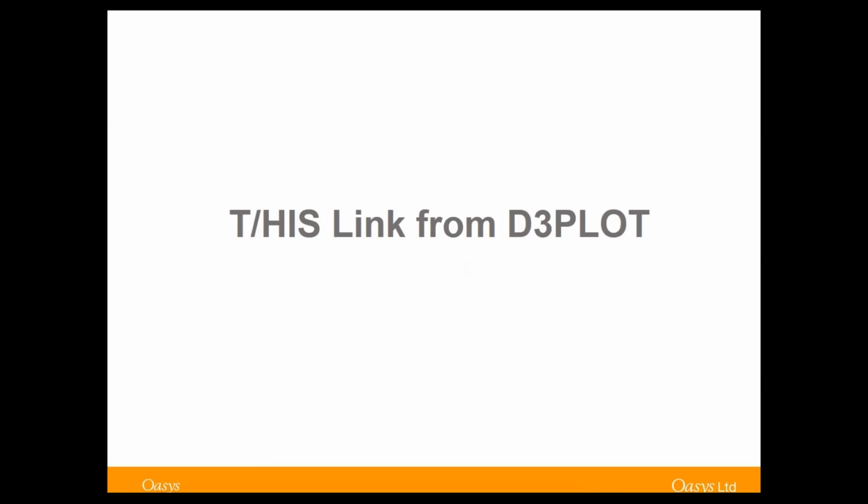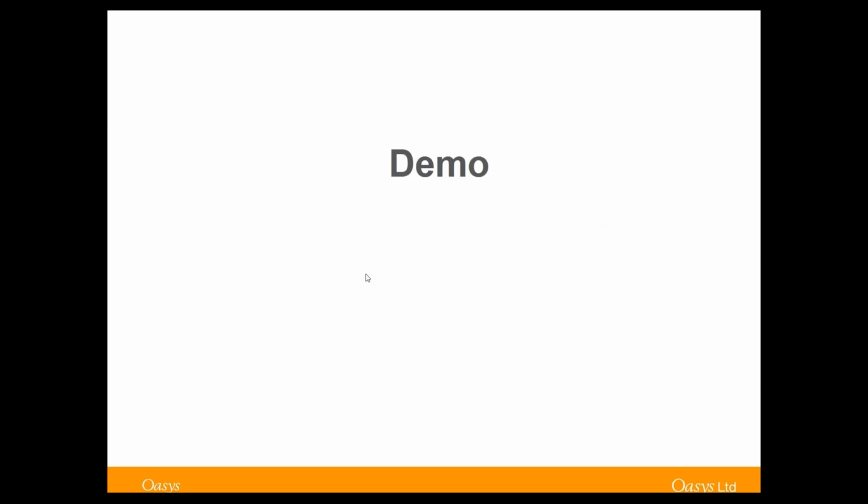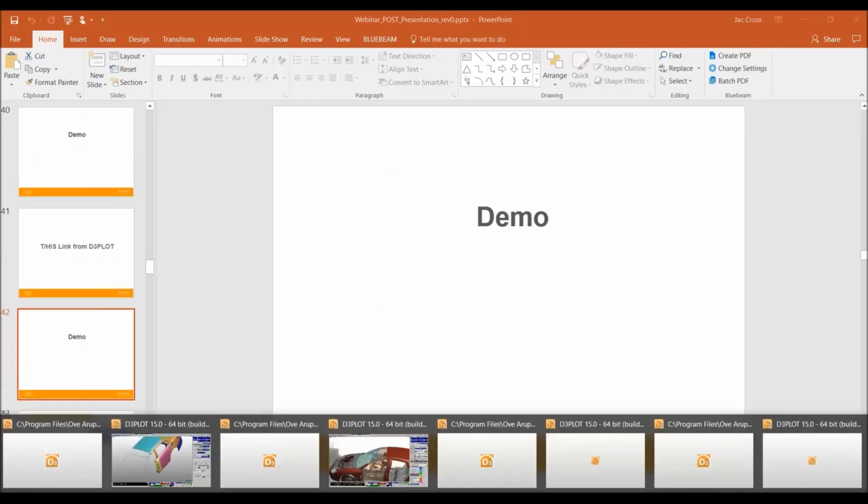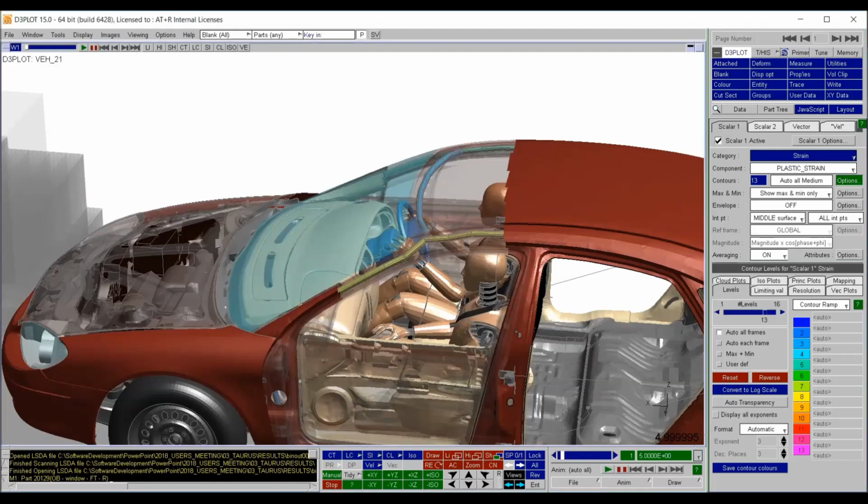So also to do with integration of software, we've made some improvements to the THIS link from D3PLOT. And again, I think these are easiest to look at from a demo. So I will go to a D3PLOT model. We've got the D3PLOT model open, and for some time you've been able to run THIS from within D3PLOT using the THIS link.